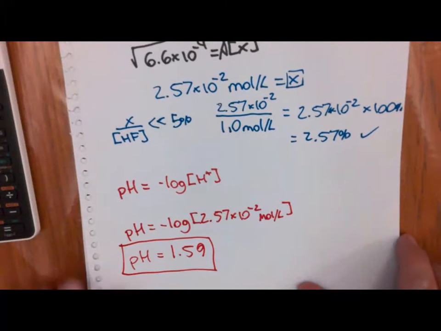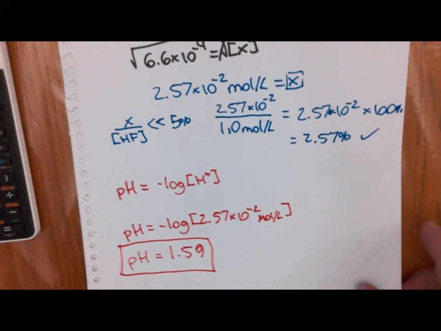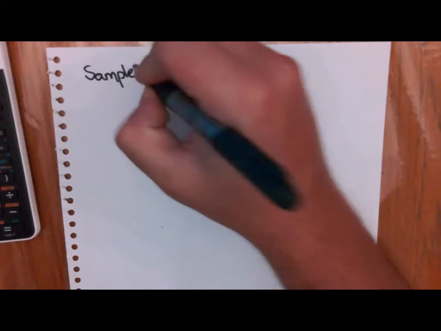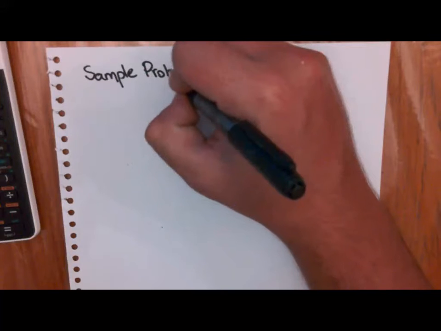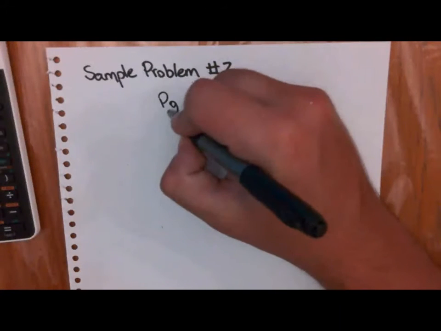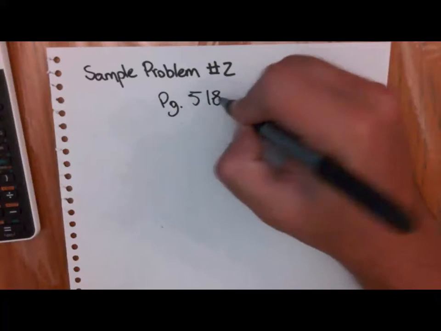So what we're going to do now is there's one more sample problem in the textbook, and I'd like you to try and work through it on your own or in partners. It's not going to be marked or anything, but if you do have a bit of time at the end of this class, it is sample problem 2, on page 518.